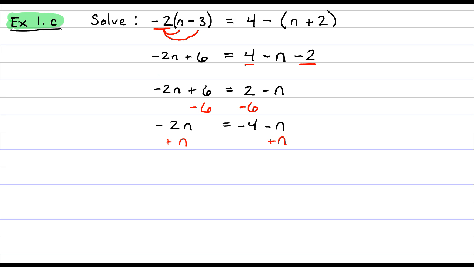And that's going to give me minus 2n plus n, which is minus 1n, or just negative n. And then on the right-hand side, I'm going to be left with only minus 4. So as the final step here, I divide both sides by minus 1, or if you prefer, you can multiply both sides by minus 1. It'll give you the same results. And I end up with n equals 4 as the solution to this equation.